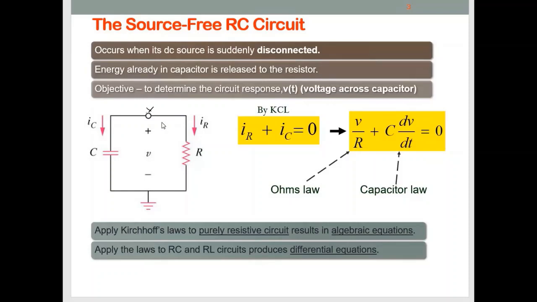Why do we need to convert from I to V? Because this is the derivation step to get the value of voltage, which refers to the voltage across the capacitor and the voltage across the resistor. We are interested in finding V, that's why we convert the current to voltage.